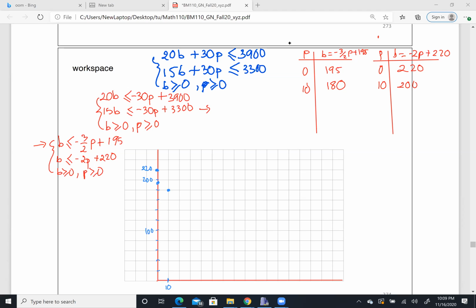Maybe I use another color. The second one is 10 and 200. Okay. Now let's draw it.